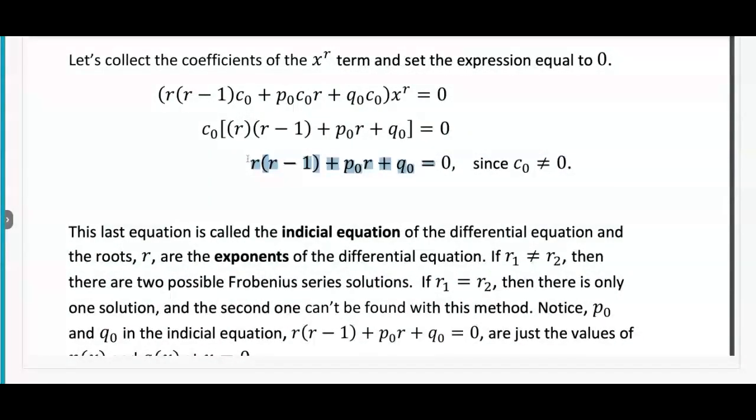So this last equation in the Frobenius method is called the initial equation, all right? Just a name.